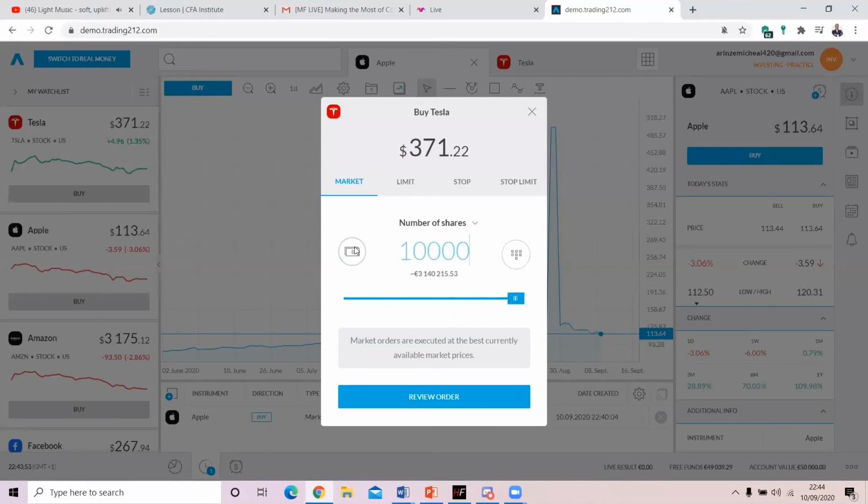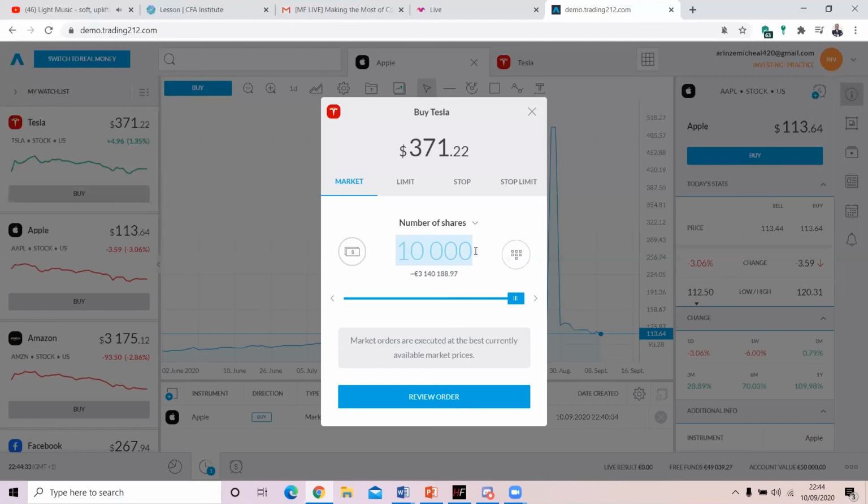Okay, let me see if I can place an order that will make that come up. Let's say I want to buy 10,000 Tesla stock. I think I still have up to that amount. Let's see the review order. Oh, you see, at the top of the 10,000, see what it's saying? You don't have sufficient funds to trade. So you can see the green surrounding the circle is no longer there, indicating I don't have sufficient funds to place an order for this amount of shares.